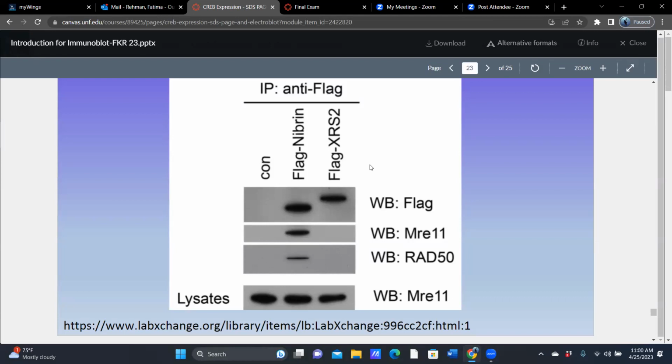So in this case, they used the flag tag to pull these two proteins out that they thought interacted with MRE11. And when they ran a Western, which one pulled down MRE11? Was it nibrin or XRS2? Only nibrin, exactly. And along with it, it also pulled out RAD50, which was another protein that was known to interact with MRE11.